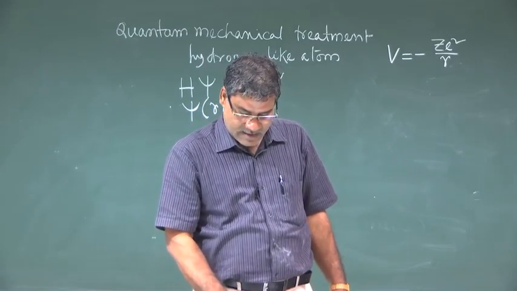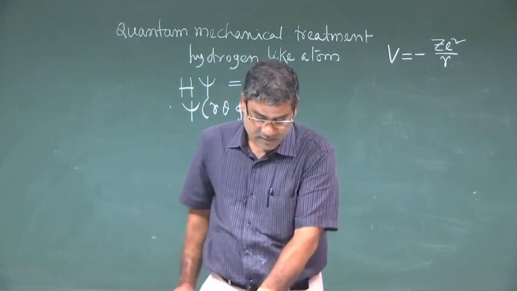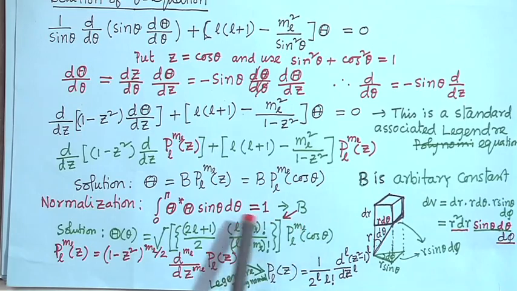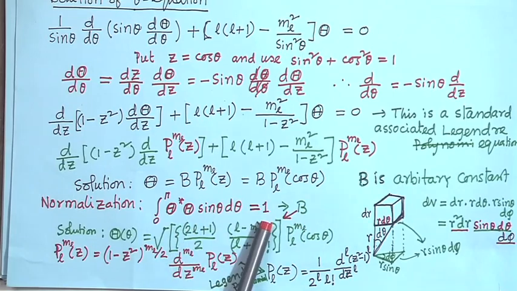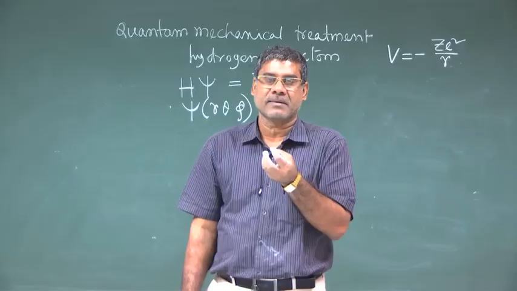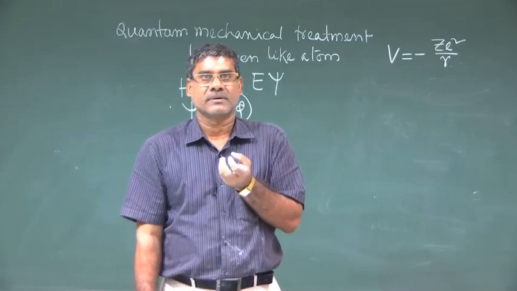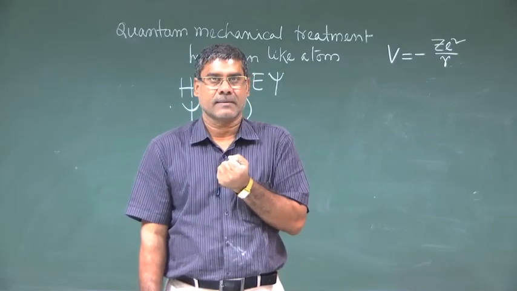Now, sin theta d theta equal to 1. So, here we have not taken d theta alone, right. Sin theta d theta we have taken. Why have we taken this? Because we always take an elementary volume. In Cartesian coordinates, the elementary volume dV equal to dx dy dz, right.